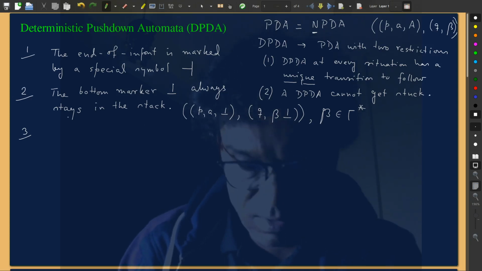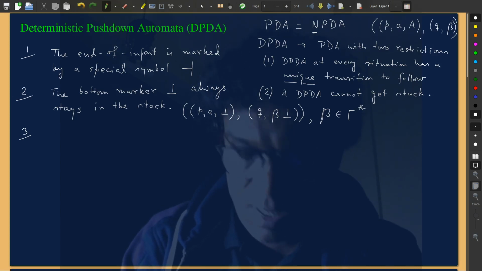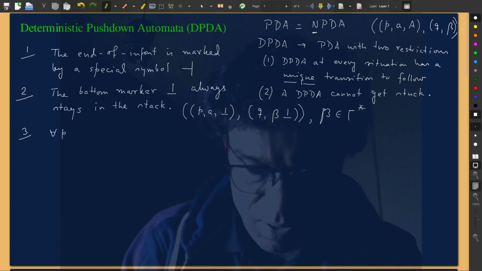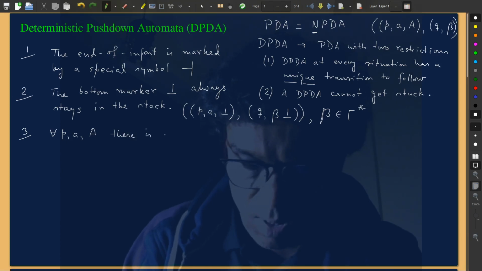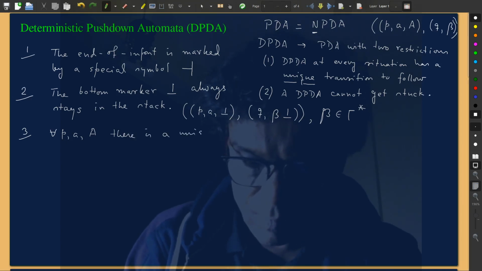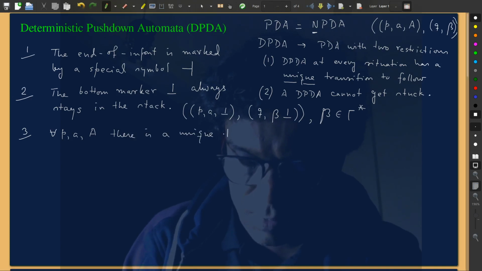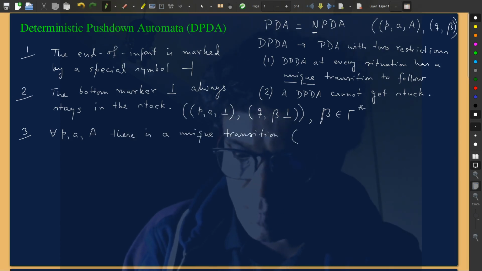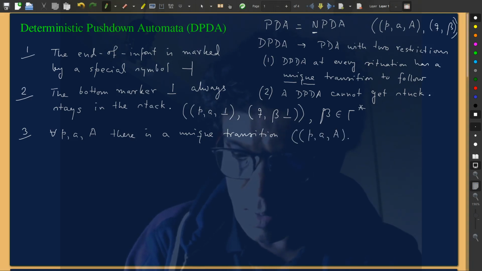Third thing is that, as I mentioned here, for all P, a, and A, there is a unique transition of this form, but this is not exactly correct.